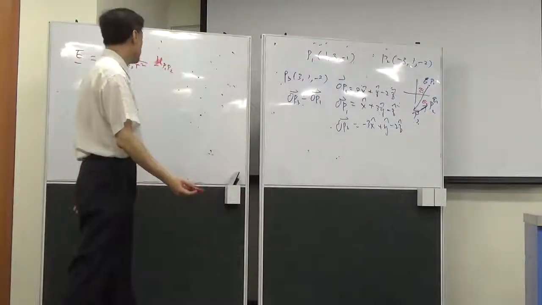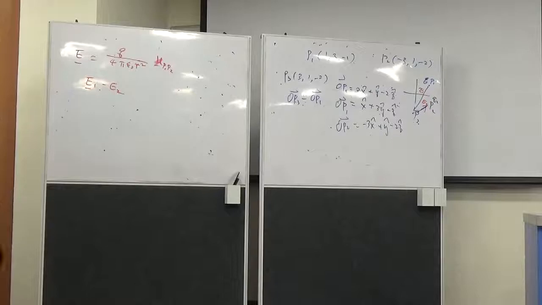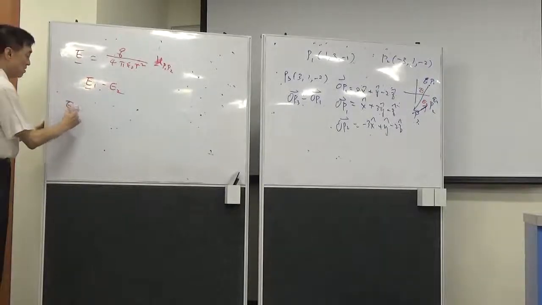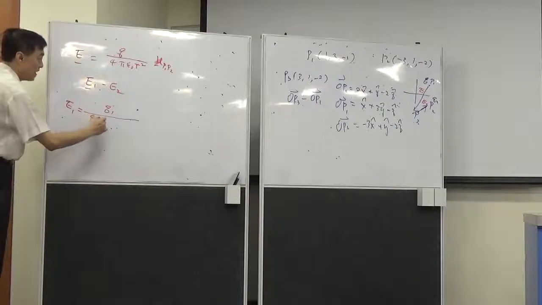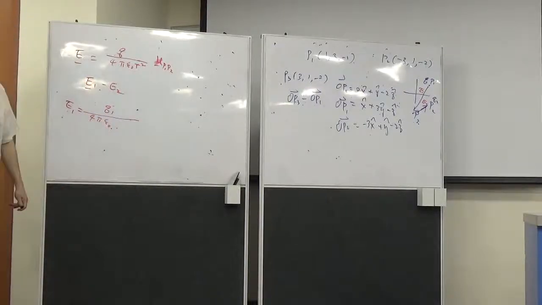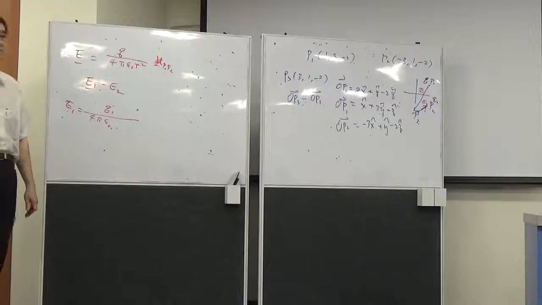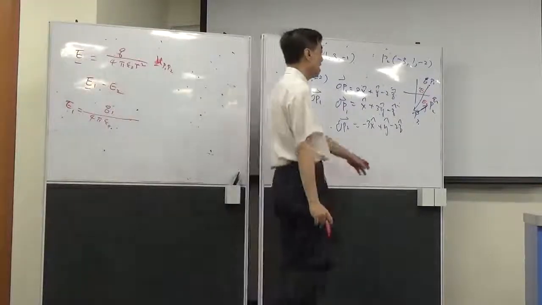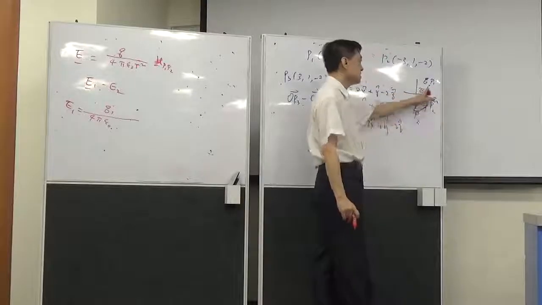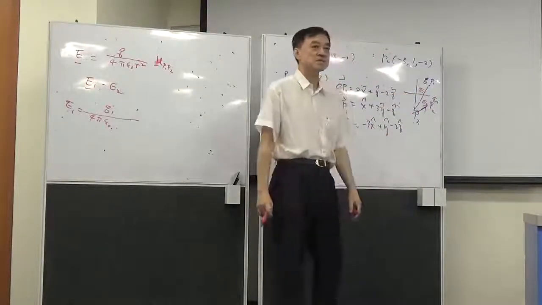Alright, so what is E1? E1 is equal to Q1 over 4π ε₀. Now, what is this distance?